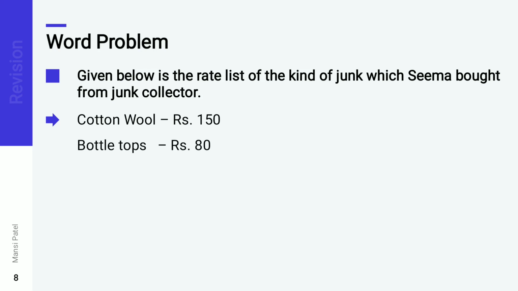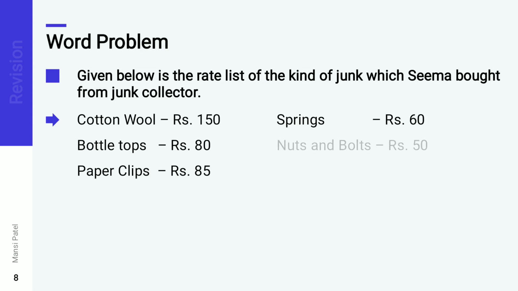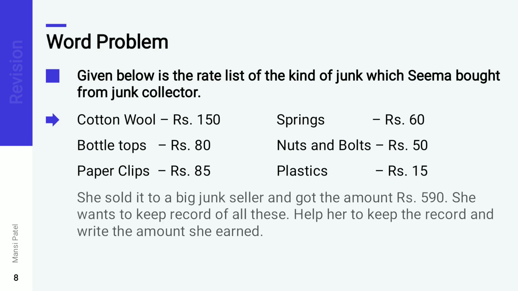If it is bottle tops, then rupees 80. If it is paper clips, then she gets rupees 85. Springs 60 rupees. Nuts and bolts rupees 50, and plastic rupees 15.